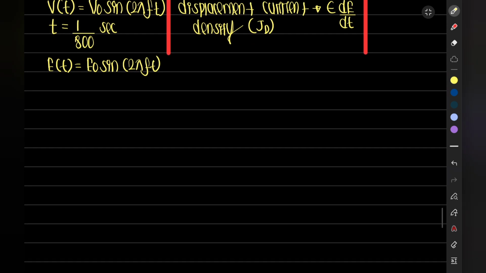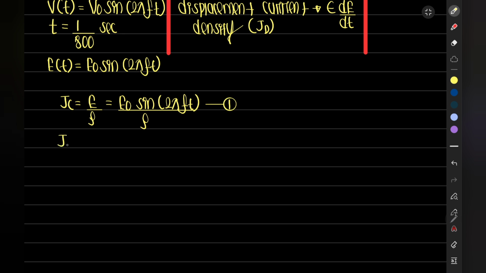Okay, now let's find the values. The first thing is conduction current density, which is E upon rho. The value of E is E naught sine of 2 pi f t, divided by rho, which is our resistivity. This is equation number 1. Similarly, next we will find JD, the displacement current density, epsilon dE by dt.